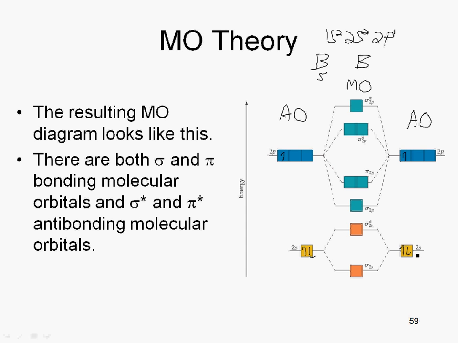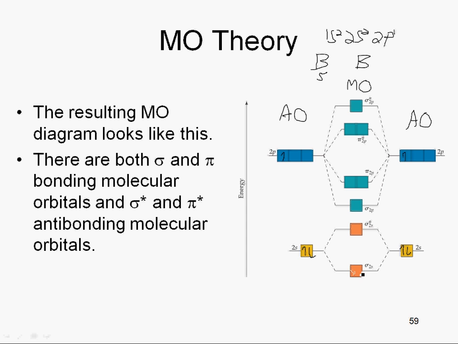The two 2s's, the one from the one boron and the other boron, will combine in two ways, constructively and destructively. In each case, the constructive way is the lower one without the star, and the destructive way is with the star.